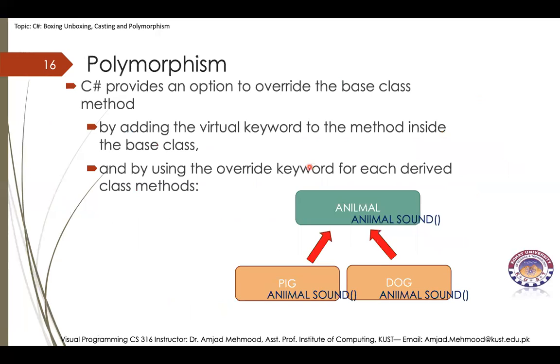Polymorphism in C# provides an option to override the base class method by adding the virtual keyword. As I mentioned, in C#.NET you need a virtual keyword or an abstract keyword if you want to allow your child class to perform overriding, and then the child class will write the modifier override, using the override keyword for each derived class method.